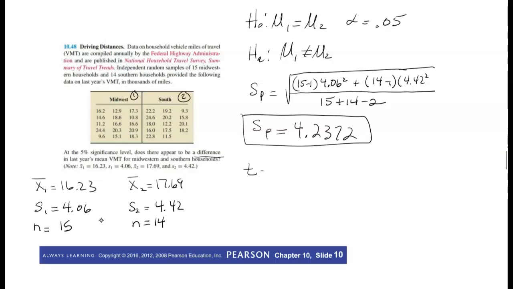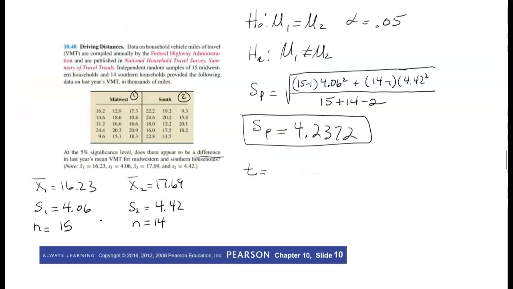Now, for my test statistic. For the test statistic, go back to your formula. Remember, x bar 1 minus x bar 2, SP on the outside, square root of 1 over n1 plus 1 over n2. So we have 16.23 minus 17.69 over 4.2372 times the square root of 1 over 15 plus 1 over 14.